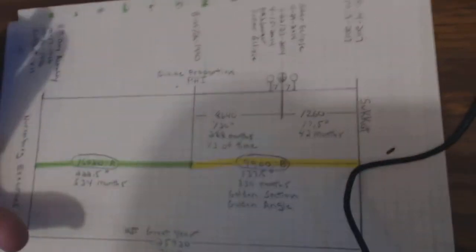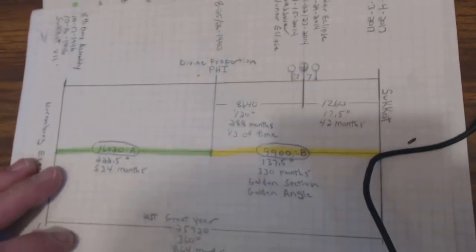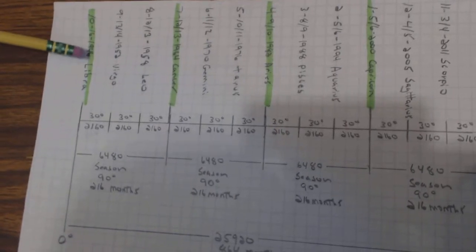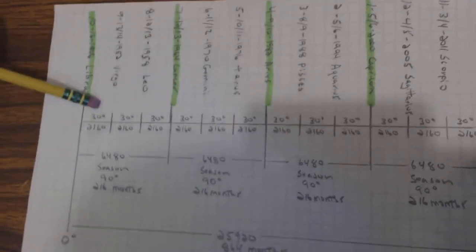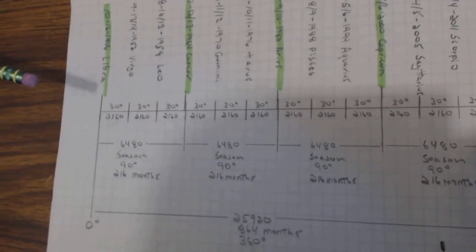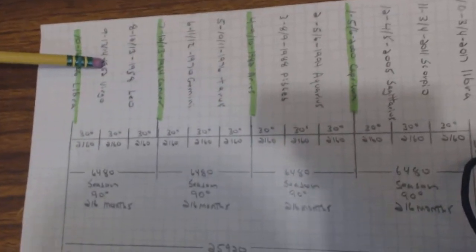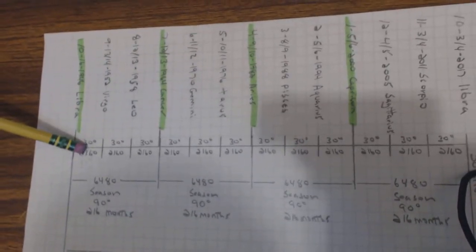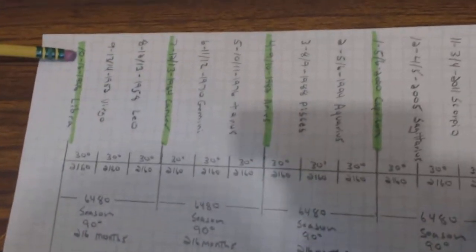And this period can also be broken down into its seasons. And I've done that here, starting again at the Nuremberg trial. Each season has 6,480 days to it, 90 degrees, 216 months. And here are all the dates that correspond. And so by using these periods of time, you can see what happens to the Gregorian calendar.